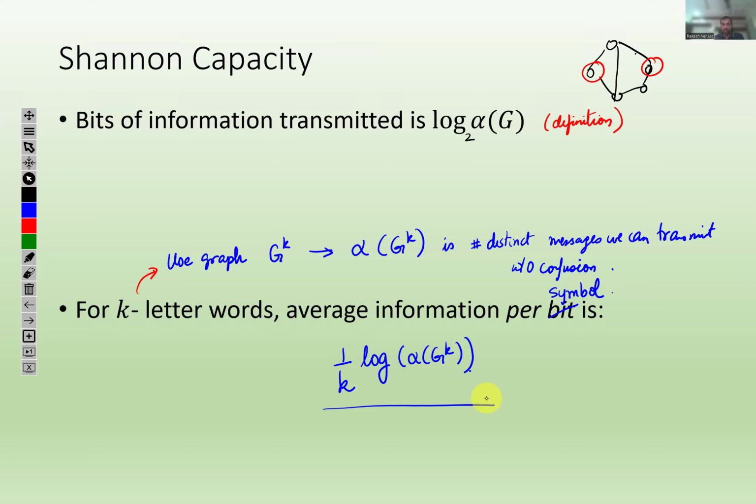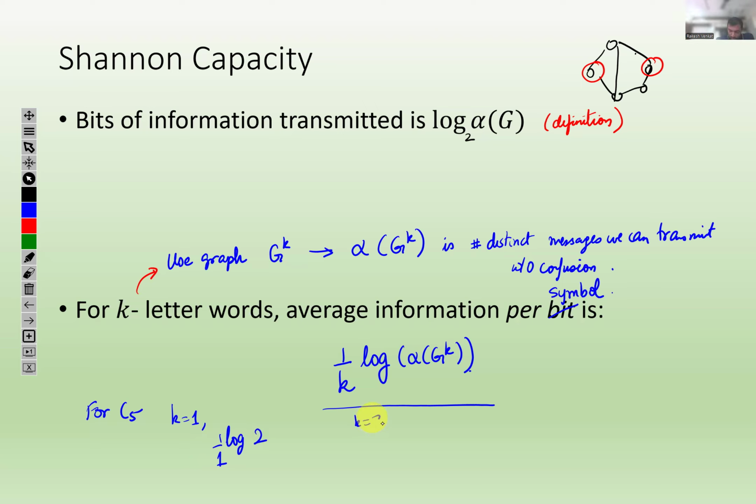But notice that this is dependent upon k. For instance, for C5 being the base conflict graph, for k equal to 1, I got 1 over 1 times log 2. You're transferring only two messages, so log 2.